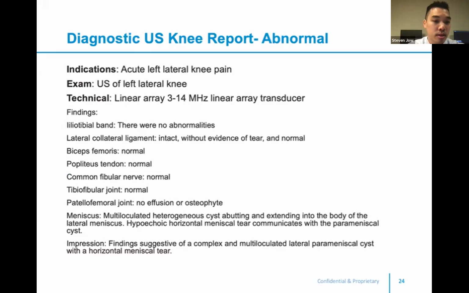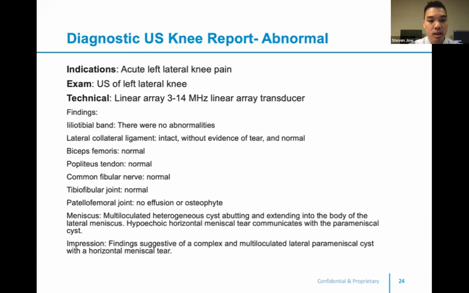And the lateral meniscus revealed a multiloculated heterogeneous cyst abutting and extending into the body of the lateral meniscus. A hypoechoic horizontal meniscal tear was seen communicating with the parameniscal cyst. So our findings were suggestive of a complex and multiloculated lateral parameniscal cyst with a horizontal meniscus tear.